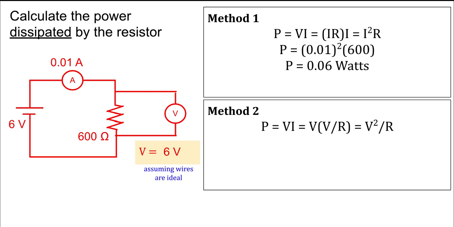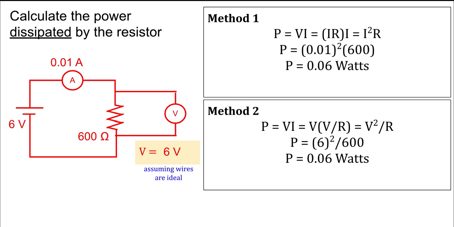And so we get that power is voltage squared divided by the resistance. And again, this is just another way of calculating the same value. We would again get 0.06 watts. This will make more sense as we continue on to more complex circuits.